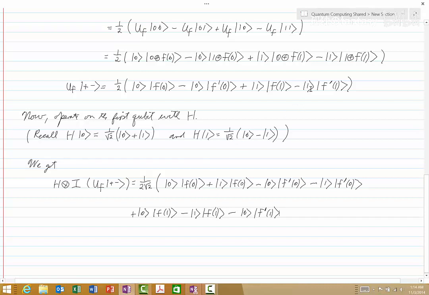And then the minus will give us a plus, so we'll get plus 1 F prime of 1.